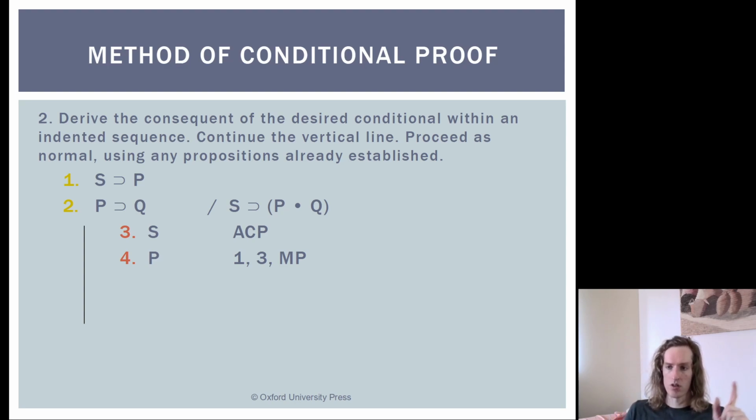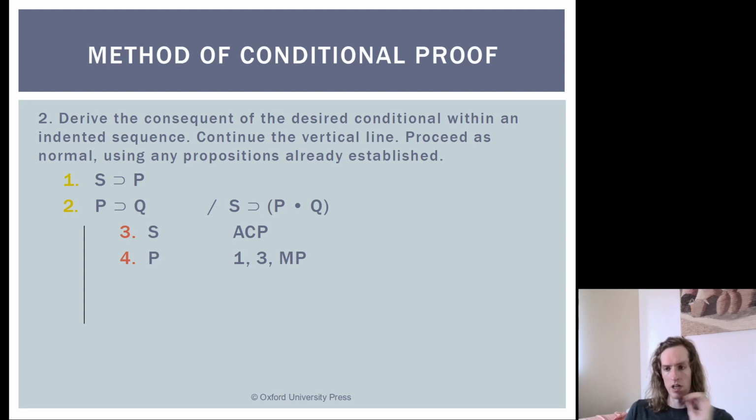Now, like I said, we can use all of the previous premises to see what follows. Inside the subproof here, we can treat premises 1, 2, and 3 as if they were all premises to work with, but we have to stay inside the subproof when we're using them together.